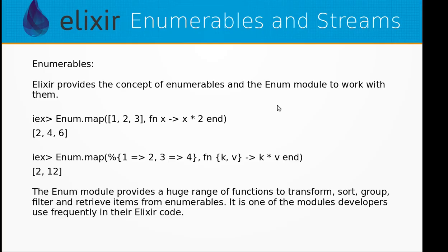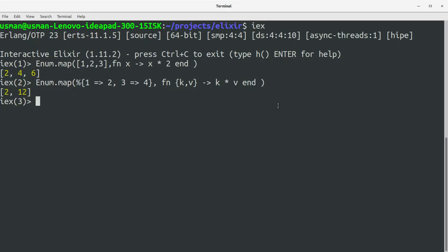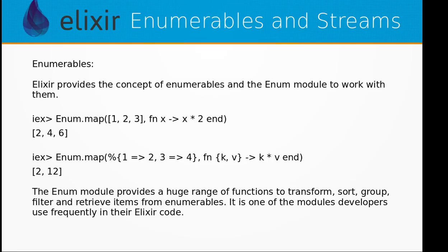Okay, so we got 2 and 12. Basically what happened here is 2 multiplied by 1 is 2, and 4 multiplied by 3 is 12. So this is like lambda functions in PHP.